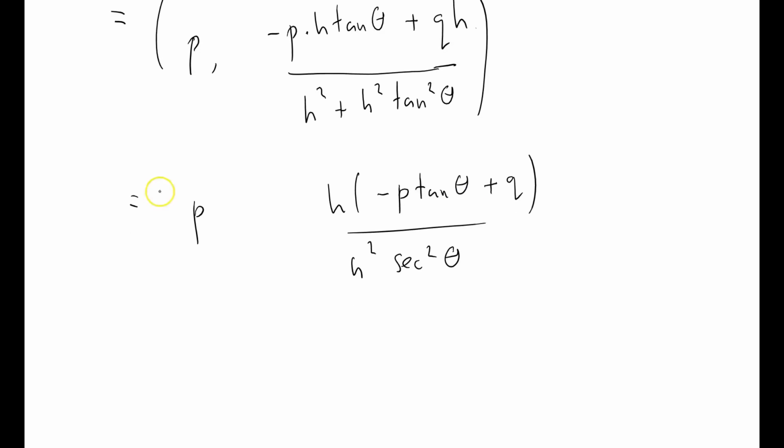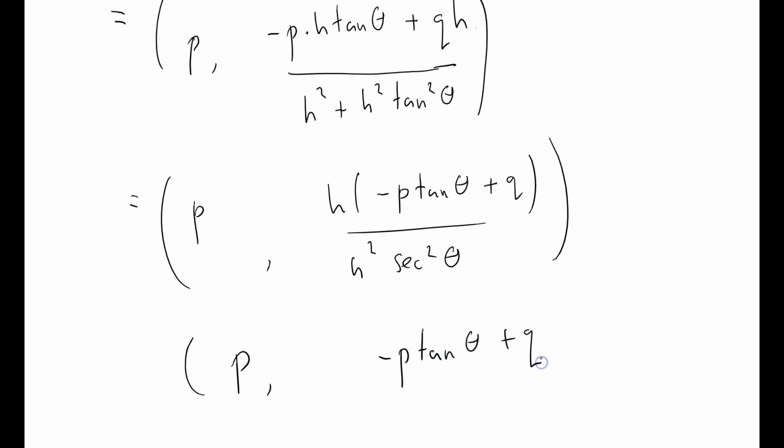And if h is not equal to 0, we've got p comma minus p tan theta plus q over h sec squared theta.